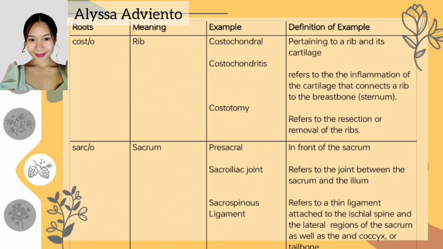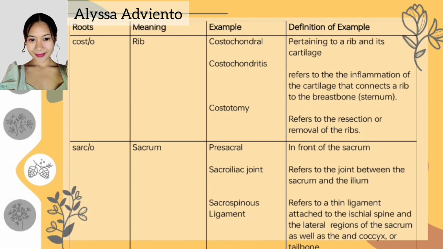That's why costotomy is one of the hardest surgeries, as it is a very risky process. Costotomy is also performed for various medical reasons. A lot of people, especially in Western countries, let their ribs be cut off as a form of body modification. So that's all about the ribs or the costo.